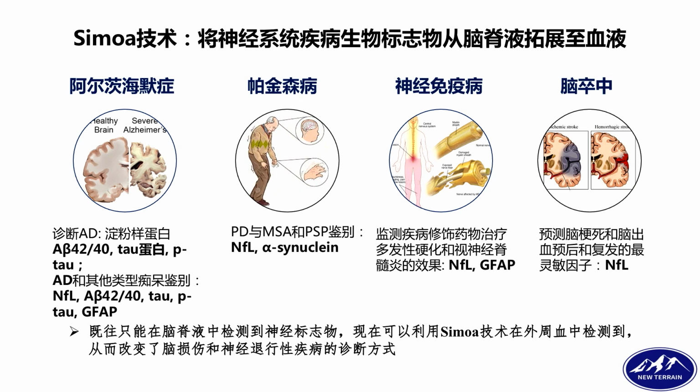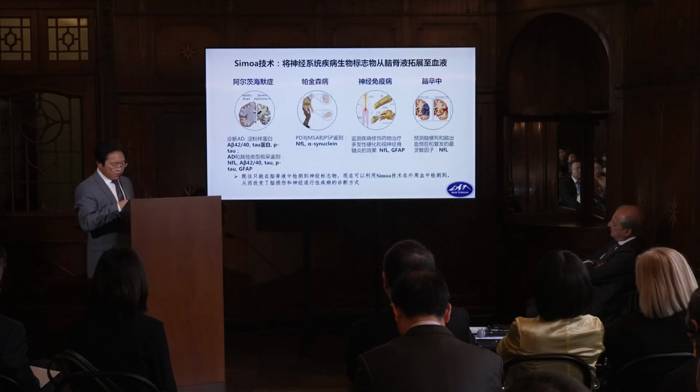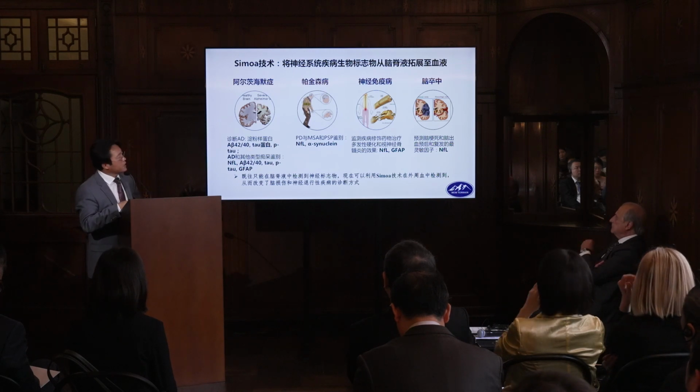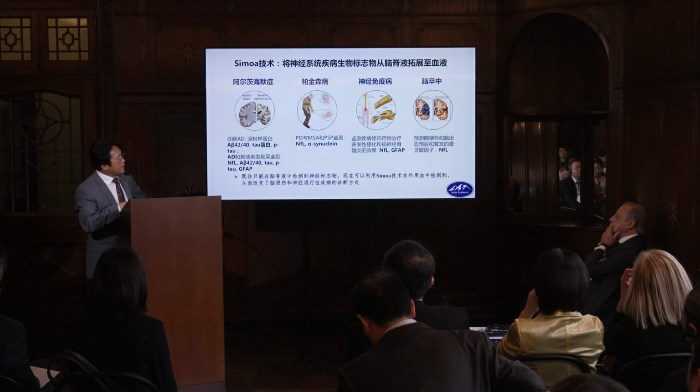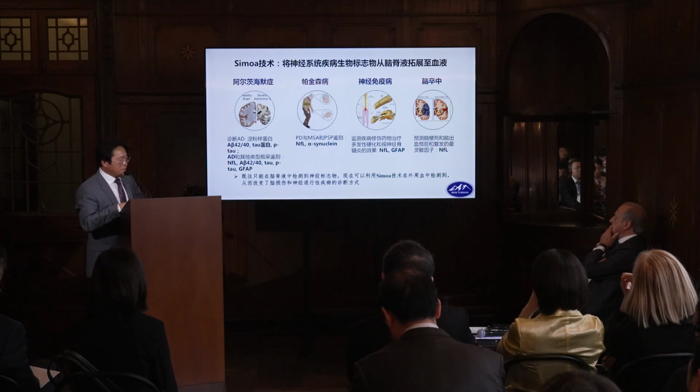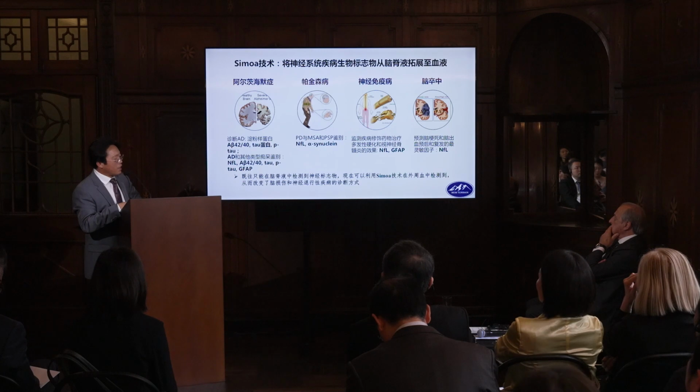We don't need specificity, right? Because in the case of NFL, it's an element of axon. Whenever we detect that, we know it's a destruction of axon leading to the release of this protein into the CSF or peripheral blood. So specificity is not an issue. Sensitivity is most important. I think the past few years really revolutionized our way to monitor disease, and hopefully in MS it will be a surrogate marker for future trials.